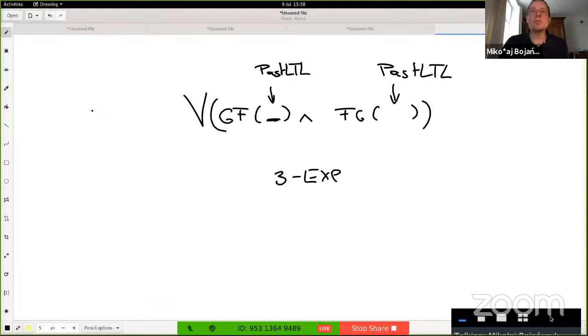Thank you. So the construction I have in mind, I don't see why it would need past LTL, because it says something like infinitely many infixes, finite infixes of a given form. And now I'm not sure how you would formalize infinitely many infixes of a given form, so that may or may not require past LTL.